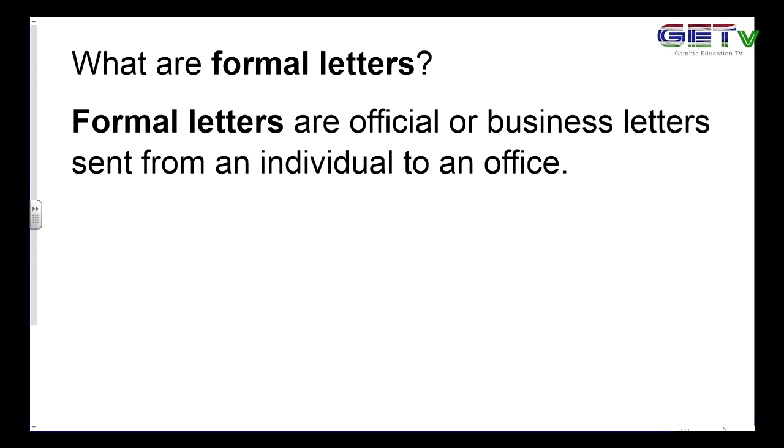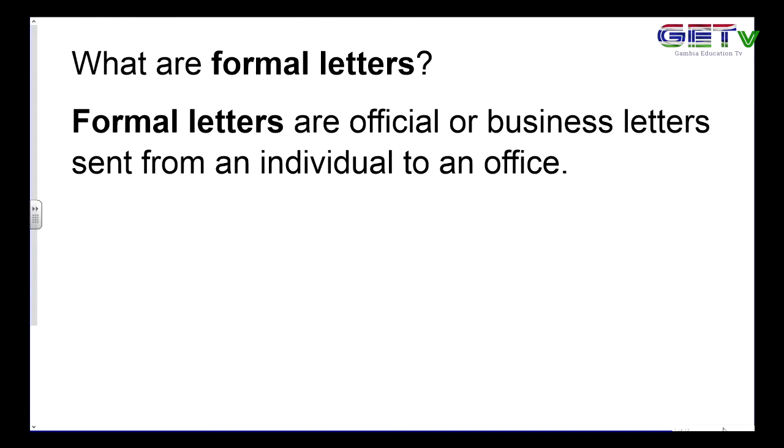And the key point here is that it is official. And when things are official, it's very, very important. Your language here will be different from that of the informal letter. The informal letter is to a friend, you know it, a relative, you know that individual.